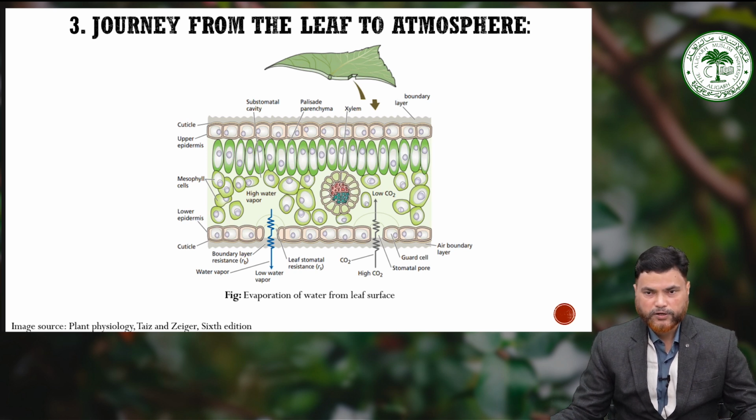In this given figure, you see that water is drawn from the xylem into the mesophyll cells, which are green in color, and it reaches the mesophyll cell wall during the flow of water from the leaf to the atmosphere, where it evaporates into the air spaces of the leaf.